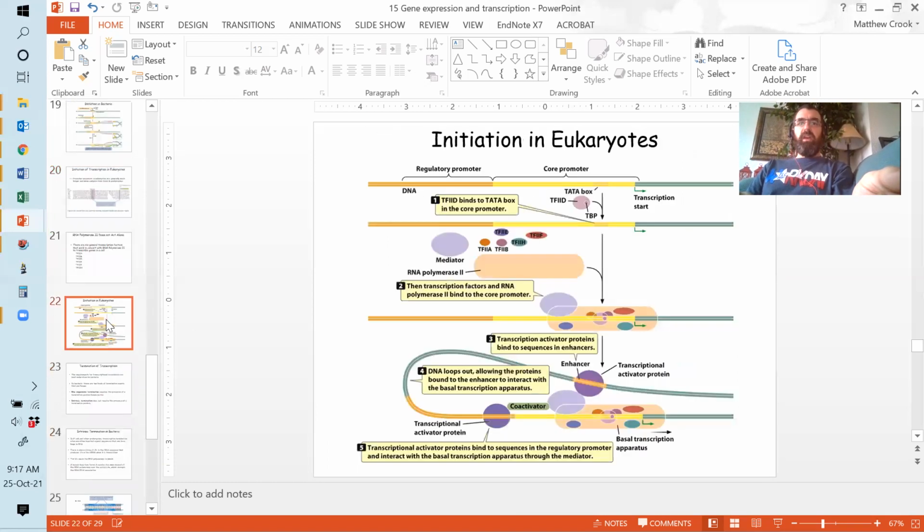In eukaryotes, and just skipping ahead here, we have a similar promoter called the core promoter, right? The core promoter equals RNA pol binding, assembly. Basically, that's the Cliff Notes version.